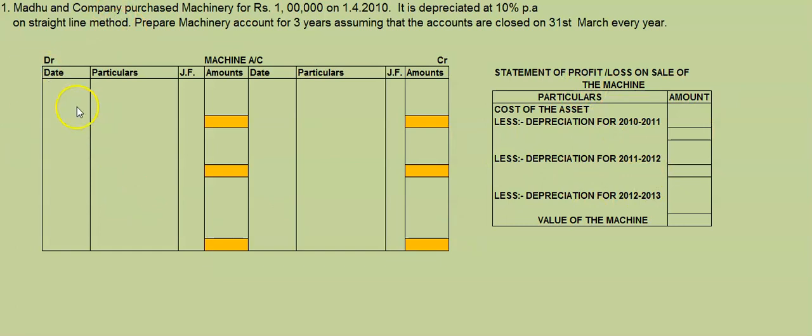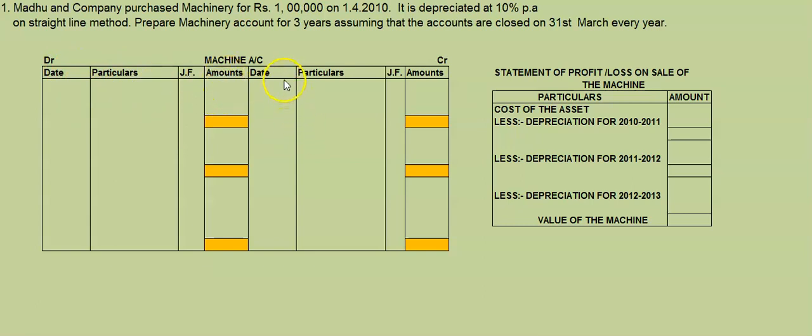To make the machine account, we need the pro forma of a ledger, because machine account is a ledger. First year we have learned what is a ledger. So it is in the form of a letter T. In the left side, we have 4 columns: date column, particulars column, JF column, and amounts column.